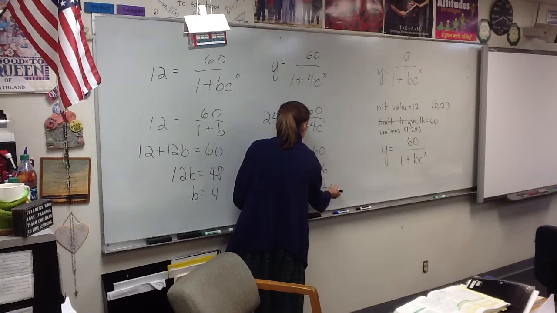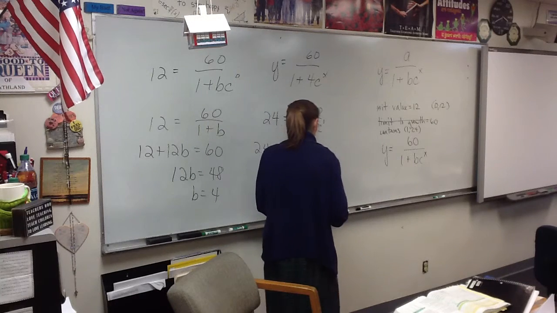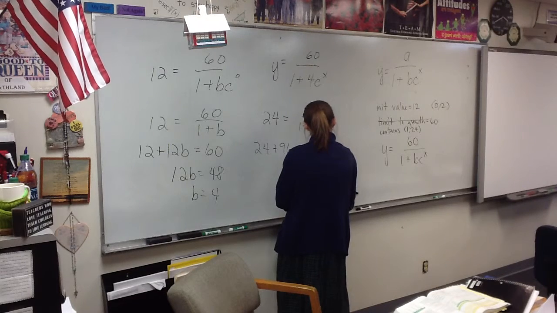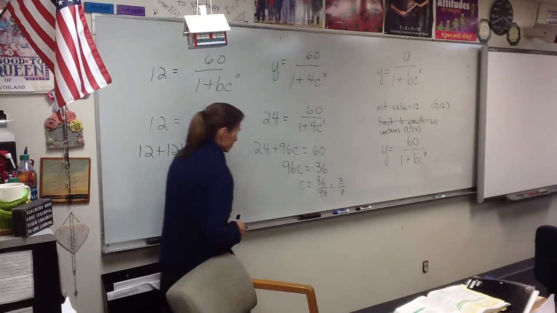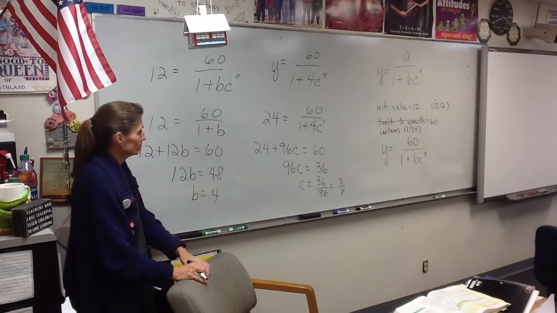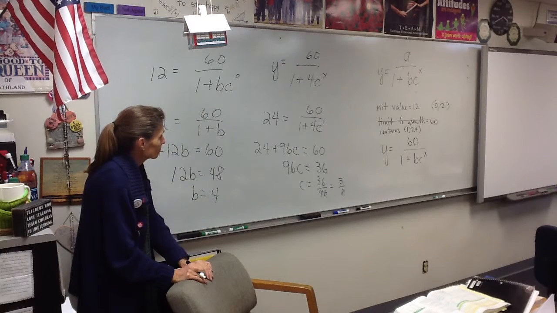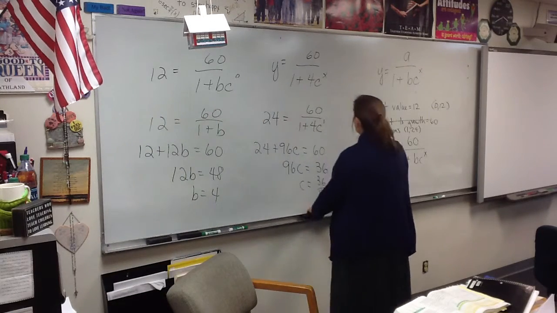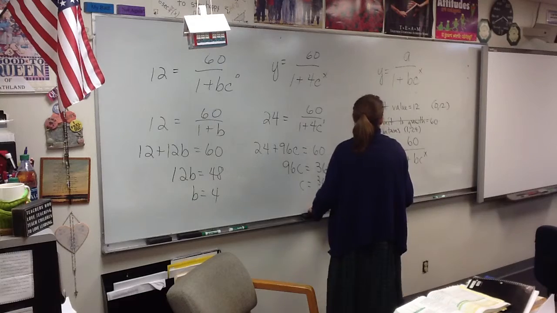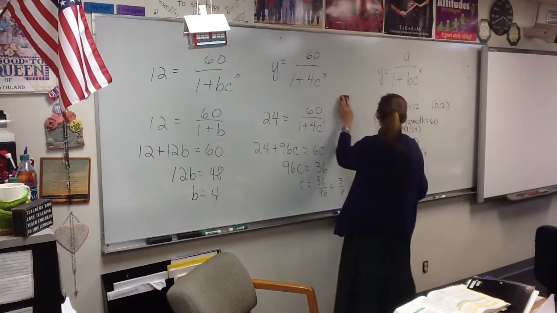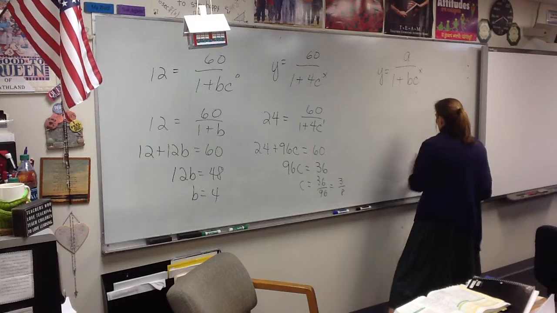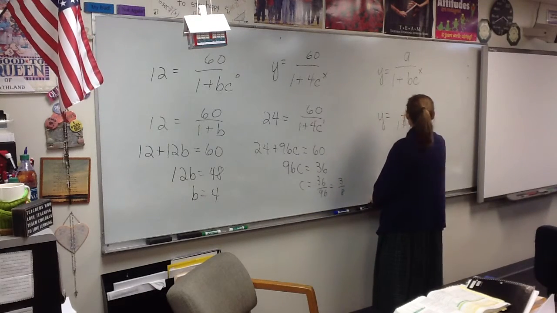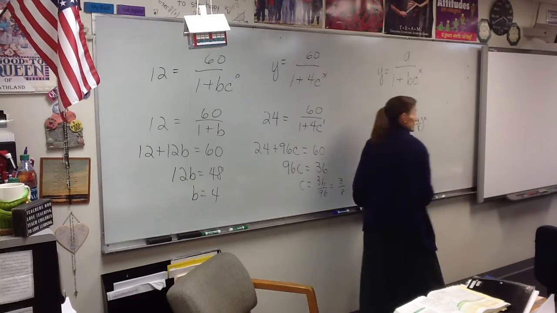And 36 over 96 does reduce. 3/8. Thank you. So final answer, after all that, y equals 60 over 1 plus 4 times 3/8 to the x.